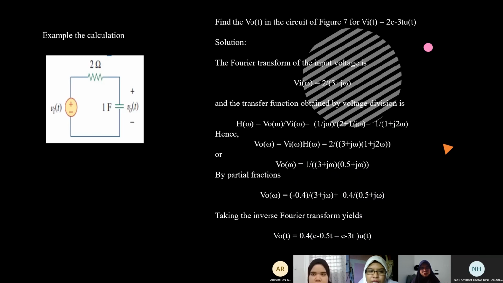The example calculation is to find v_o(t) in the circuit of figure 7 for v_i(t) equals 2e to the power of negative 3t times u(t).